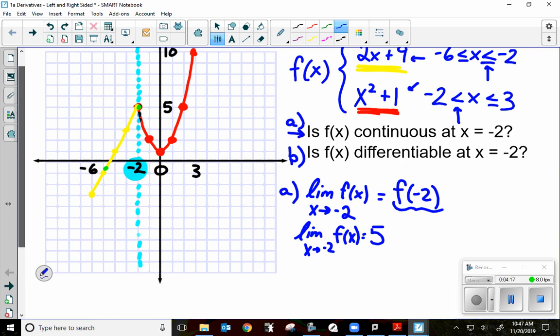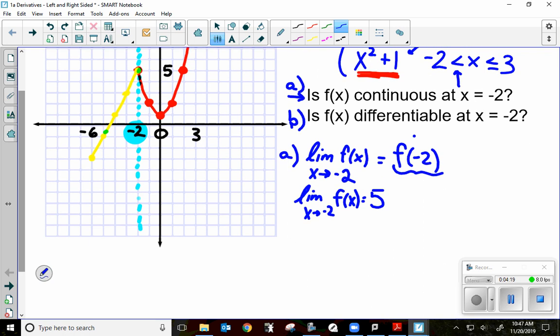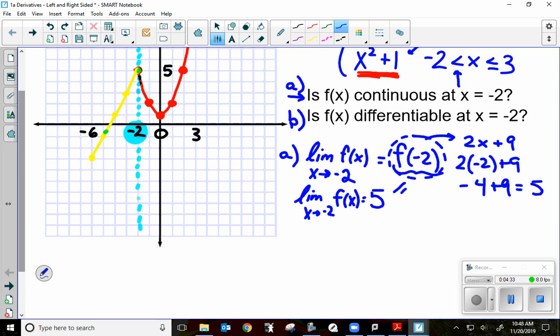I'm just referencing this now. 2x plus 9 when x is -2. So it's 2 times -2 plus 9. That's -4 plus 9. That is indeed 5, okay? Since they are the same thing and they're equal, that proves continuity.